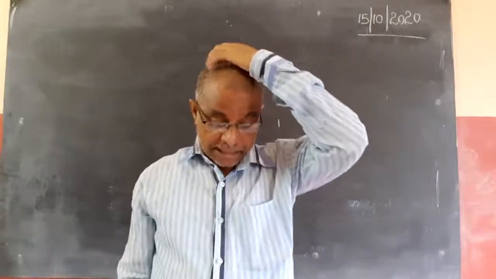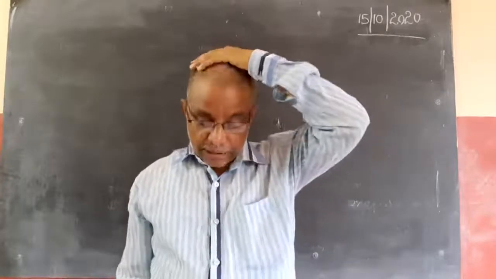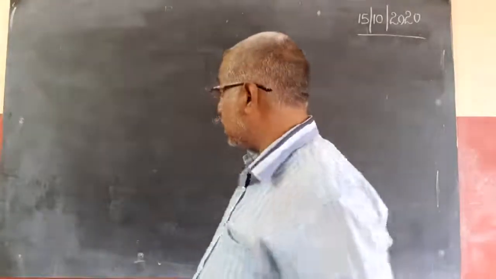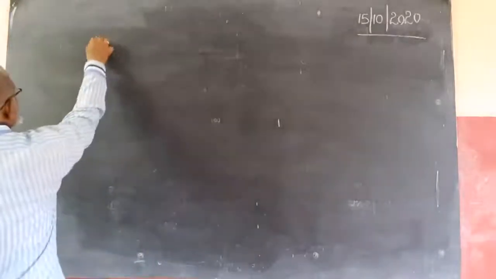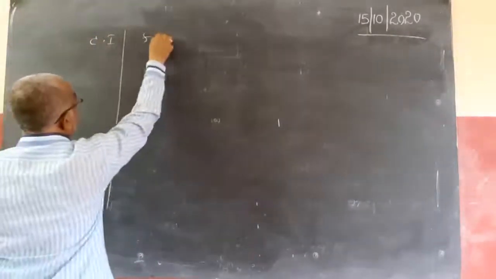One more problem on the same concept we will discuss, mean deviation about the mean if class interval is given. The table is given with class interval and frequency fi.